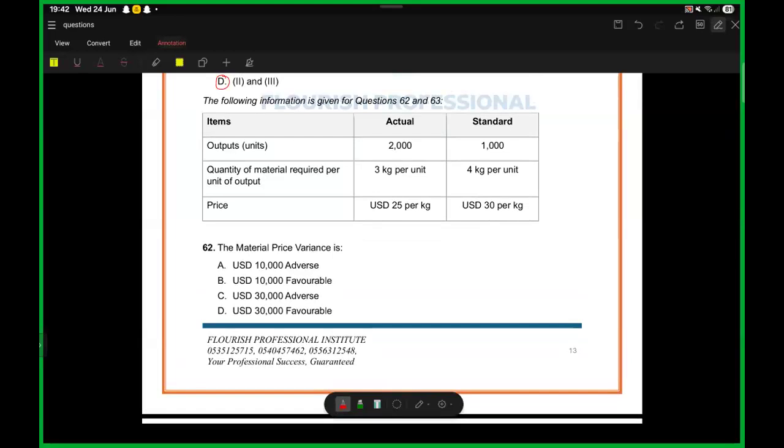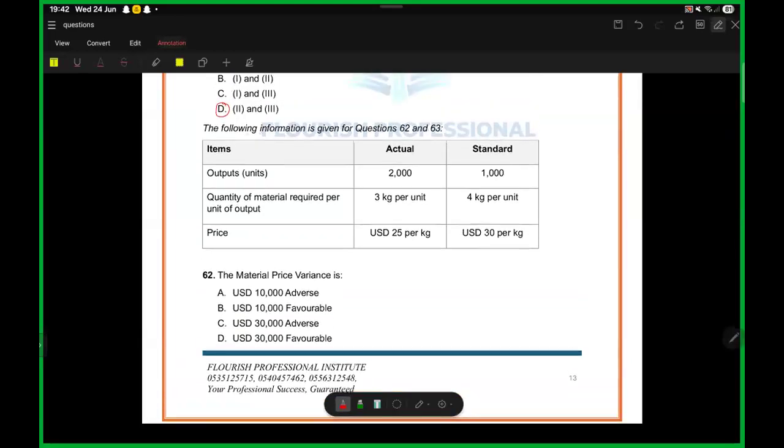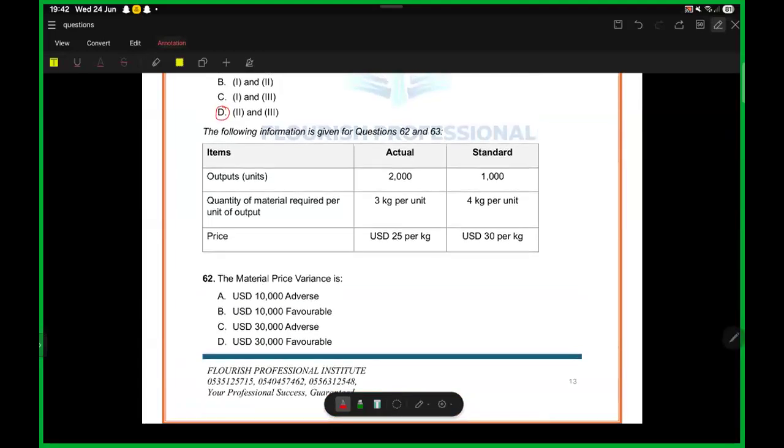The following information is given for questions 22, 62, and 63. Output: actual is 2,000, standard is 1,000. Quantity of material required per unit of output: actual is 3 kilograms per unit, and standard is 4 kg per unit.